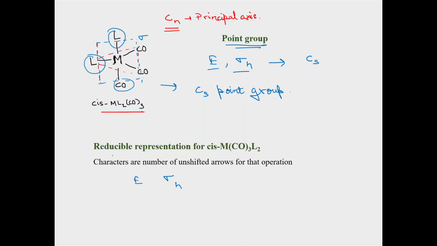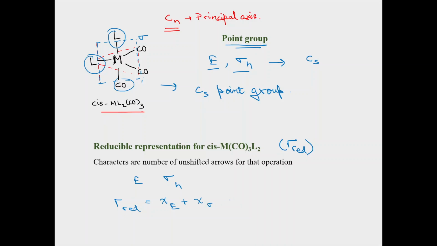We denote the reducible representation as gamma, equal to the character of E and the character of sigma h.